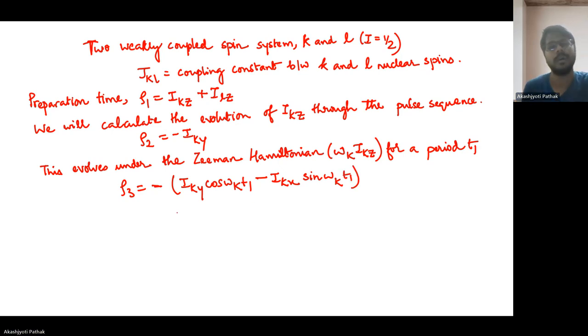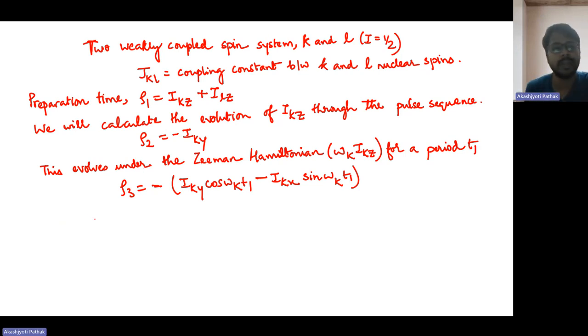So after the K spin evolves under this Zeeman Hamiltonian for the time period t1, the density operator at time point 3 can be written in this form.